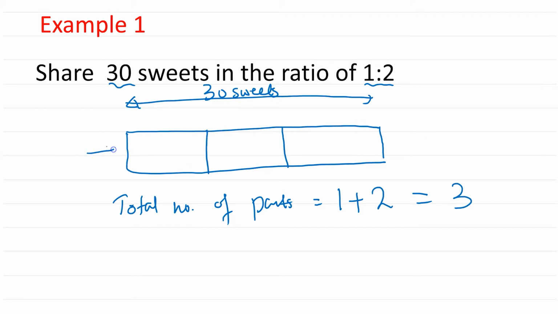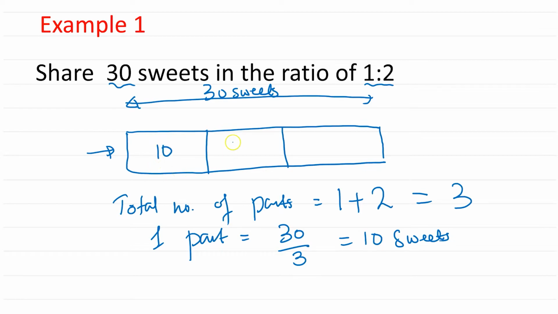I have 3 parts. How much do I put in each one part? They have to be equal amounts. So you simply say 1 part is going to be equal to 30 divided by 3, which is equal to 10 sweets. So that means I'm going to have 10 there, 10 there, and 10 sweets here.